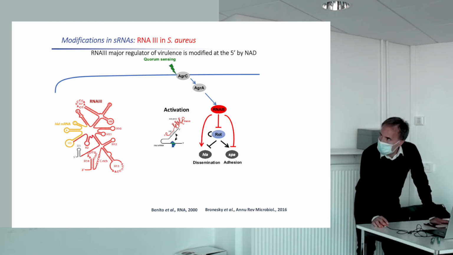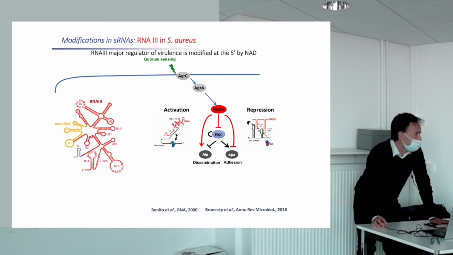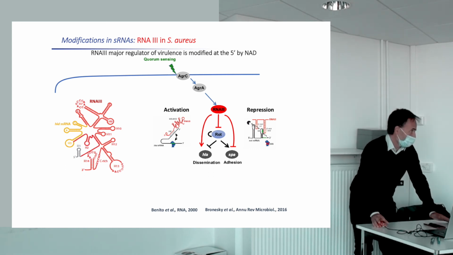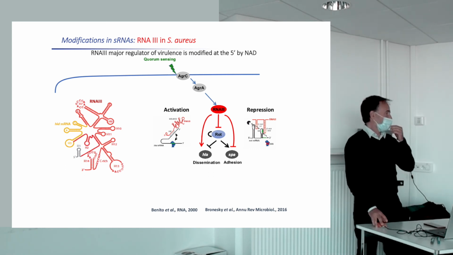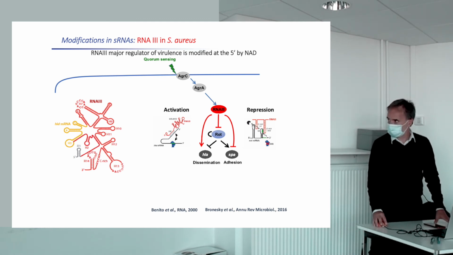Okay? So this is the activation mechanism. The repression mechanism is the opposite. Basically, the RNAIII molecule can bind to the Shine-Dalgarno sequence of some messenger RNAs, thus repressing the translation. This is a classical small regulatory RNA mechanism of activation or repression of translation.